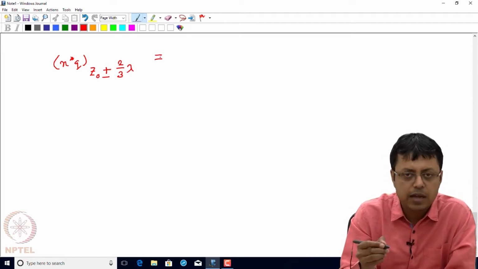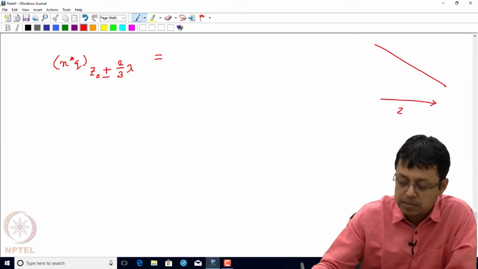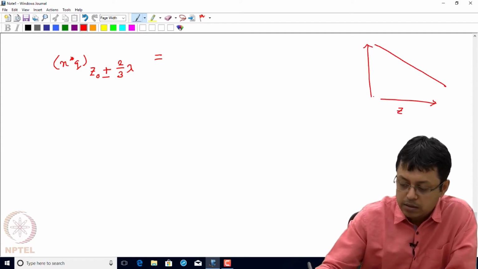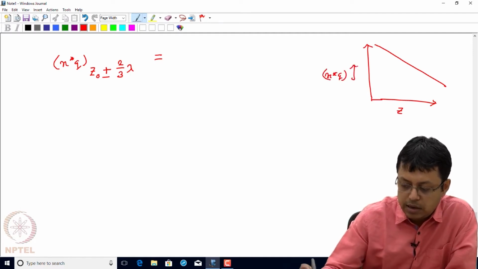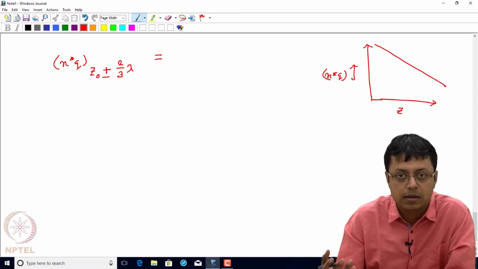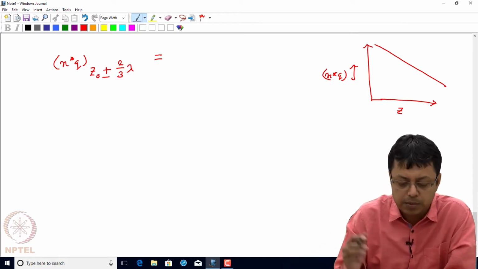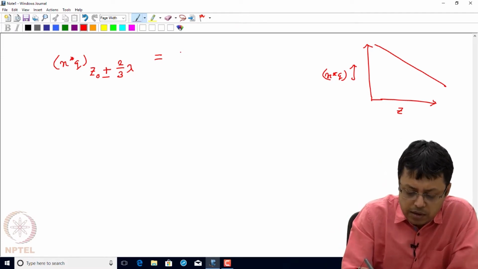Now we can say, okay, fine, let us say the way this gradient is changing in the positive z axis, this quantity n star Q is changing along z linearly. If it changes linearly, then it's a very simple equation. It is nothing but y equals mx plus c, where m itself is a negative quantity because the slope is negative. So I can say the intercept is its value at z0.